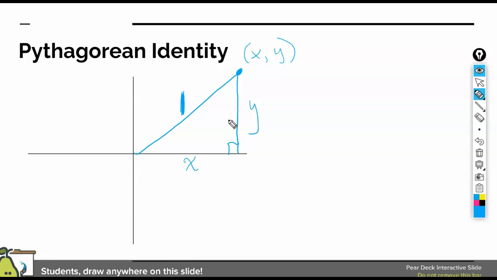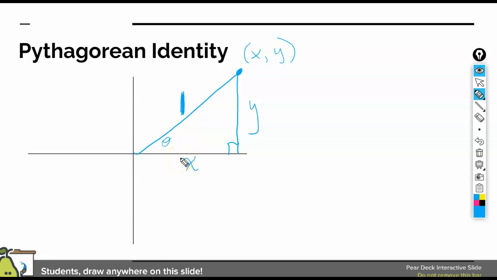And because of that, on the unit circle, we started to realize, oh, well then whatever this angle is, the sine would be opposite over hypotenuse, y over 1, which would just be y, and x over 1 for the cosine, so that's just x.